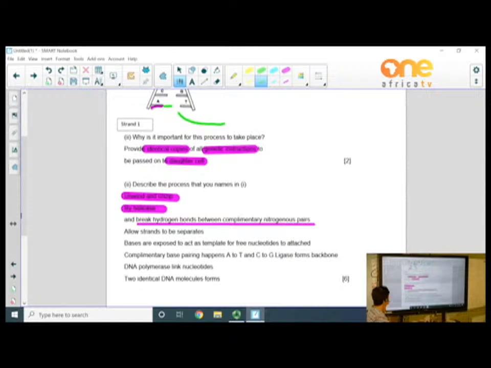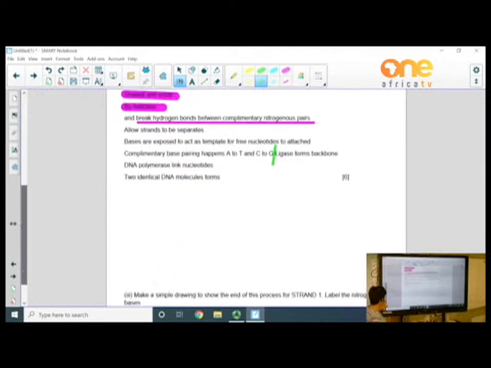Complementary base pairing happens, A to T and C to G, and ligase helps to form the backbone. DNA polymerase can be in the next line. DNA polymerase links the nucleotides so that two identical DNA molecules will form.